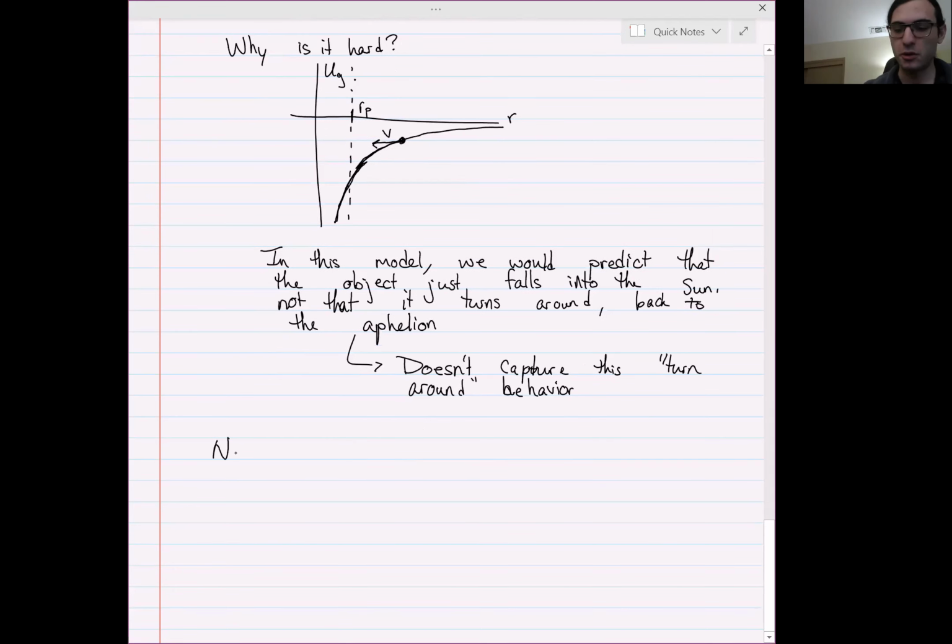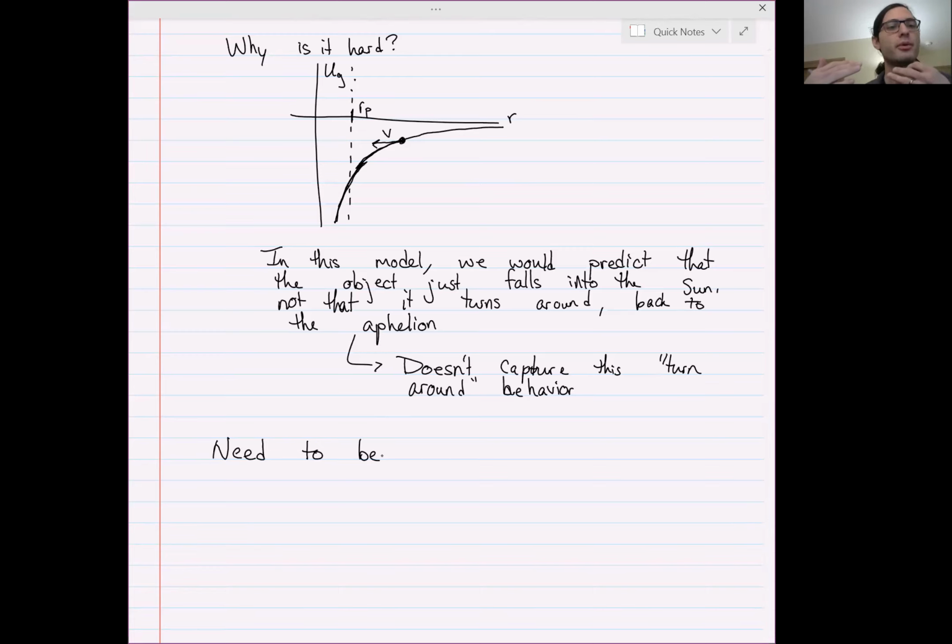The reason this went wrong is that the kinetic energy that we would typically use has multiple terms, right? It's 1/2 mvx squared plus 1/2 mvy squared plus 1/2 mvz squared. It's not just 1/2 mvr squared.